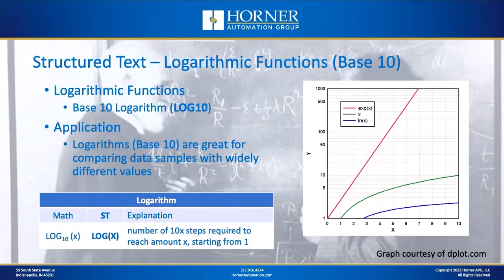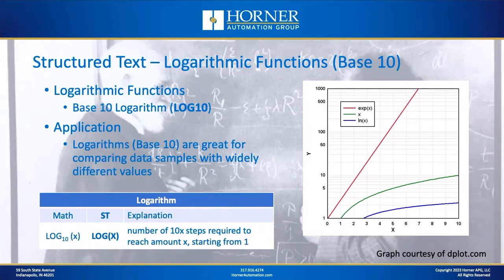Okay, now let's talk a little bit about logarithmic functions, which, yes, are available, starting with base 10. So what are logarithms good for? Well, base 10 logarithms are great if you've got an application where you're sampling a specific sensor or something, and your results have great differences in magnitude.